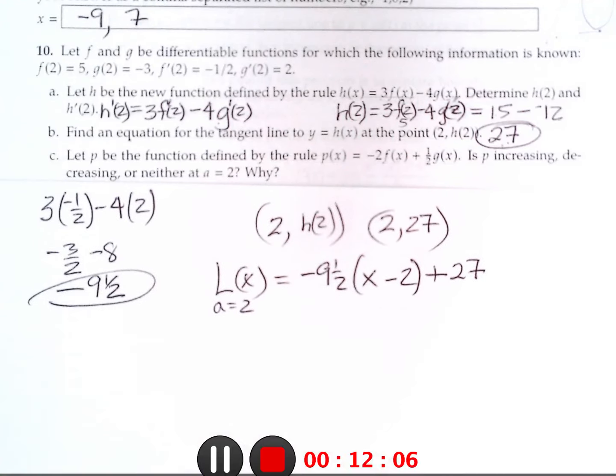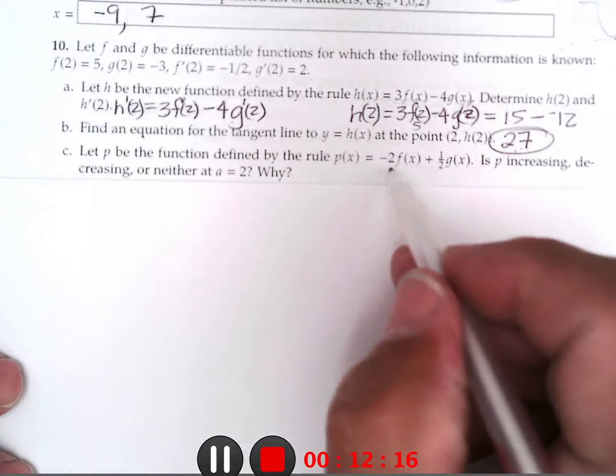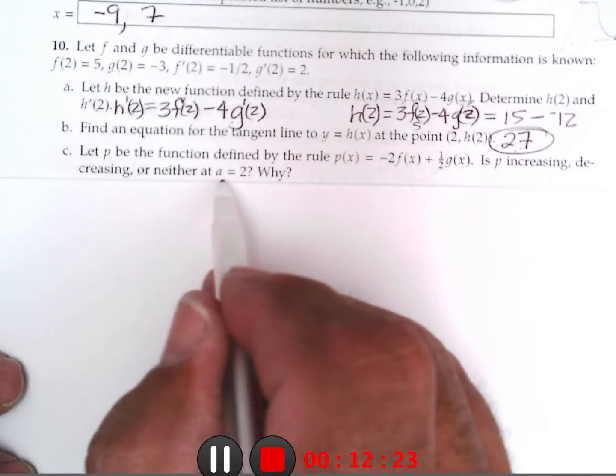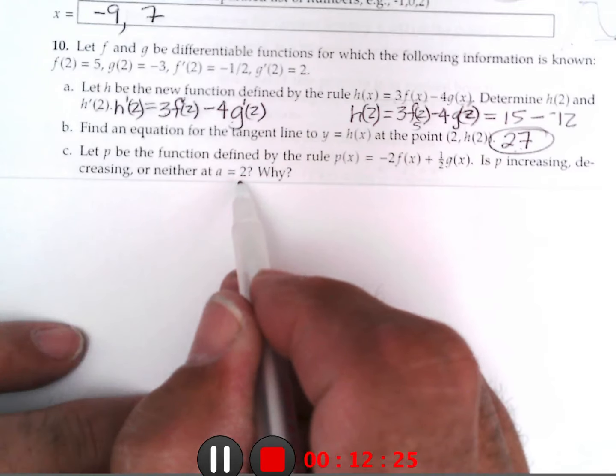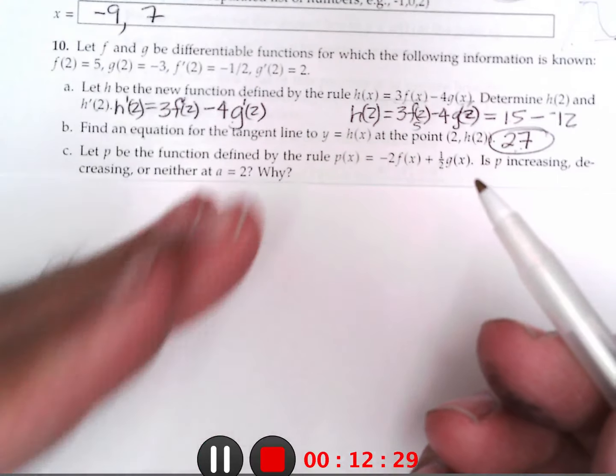And now they create a new one, P. All right, so let me turn my paper here and do P, which is minus 2f of x plus 1/2 of g of x. Is P increasing or decreasing, or neither, at a equal 2? Well, it depends on what the slope is. If the slope is positive, it's increasing. If it's negative, it's decreasing.